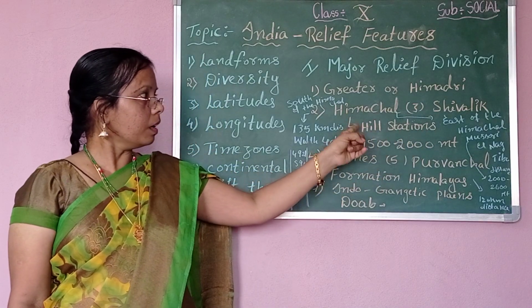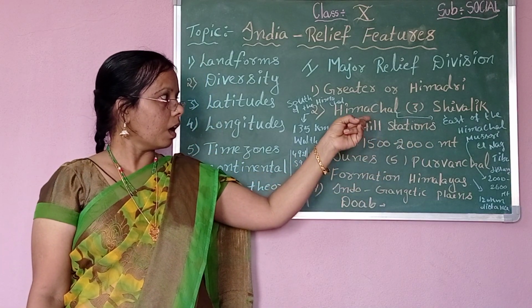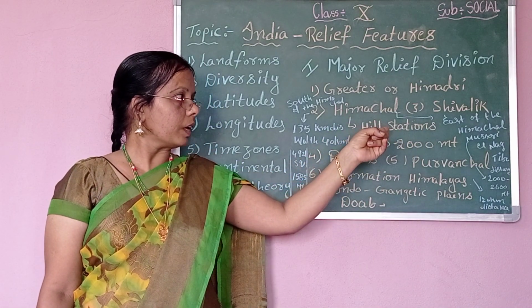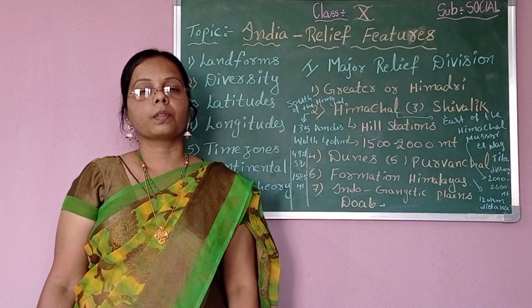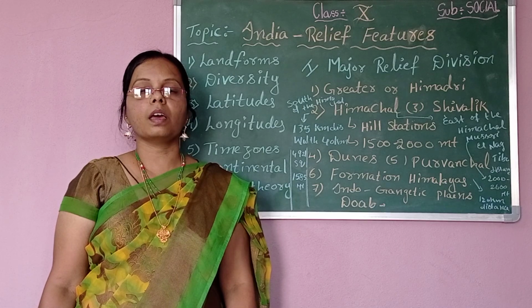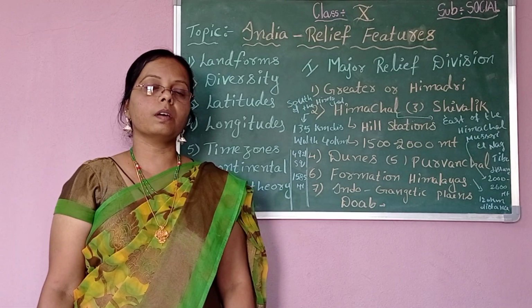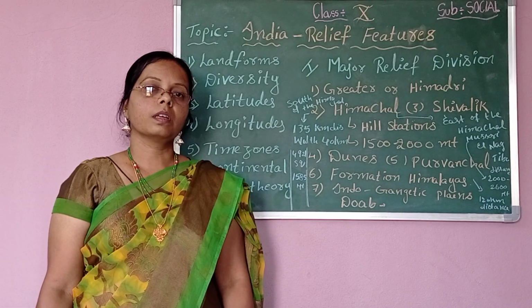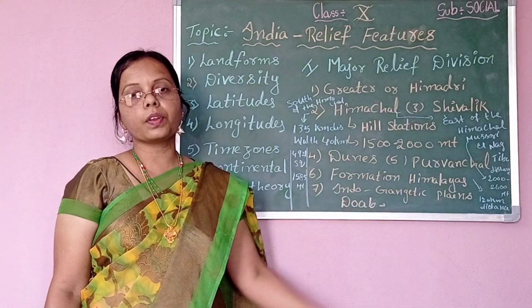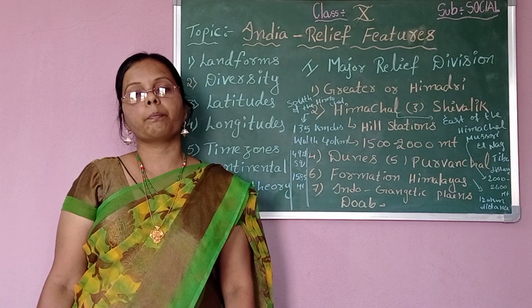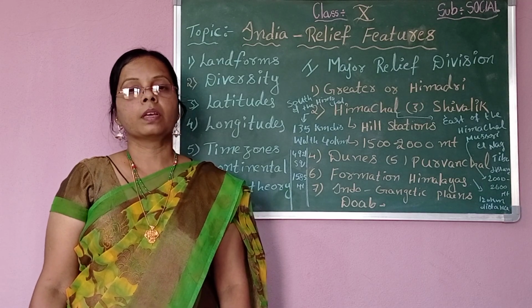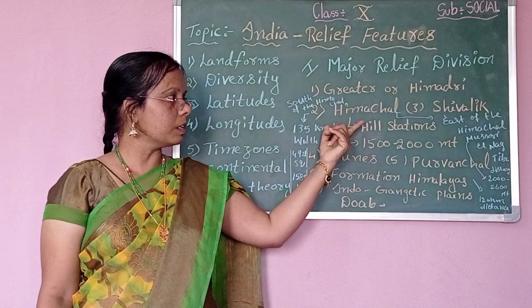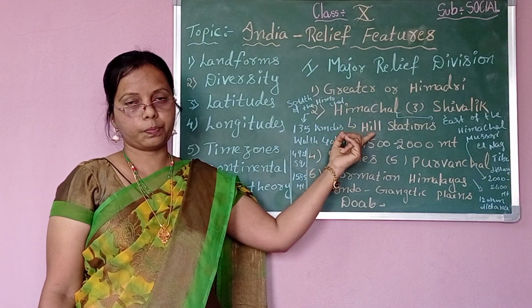In this Middle Himalayas or Himachal range, we can see some hill stations like Mussoorie, Nainital, Ranikhet, Shimla, Darjeeling. These are located between 1500 to 2000 meters from the mean sea level. This is about the second range, the Himachal range.